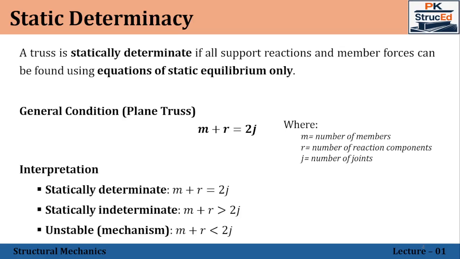Now before analysis, we must check whether a truss is statically determinate or not. For a plane truss, the condition is m plus r equals 2j, where m is the number of members, r is the number of reaction components, and j is the number of joints. If you have the condition m plus r equals 2j, the truss or the frame is called a perfect frame.